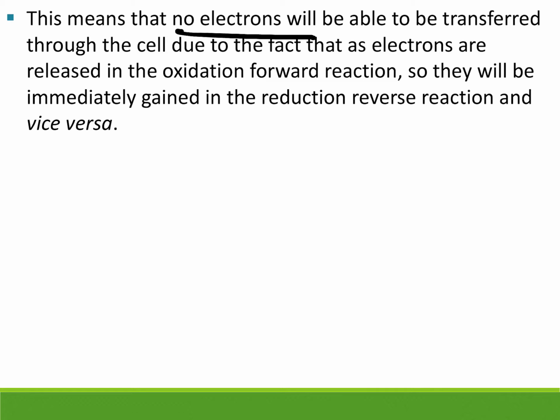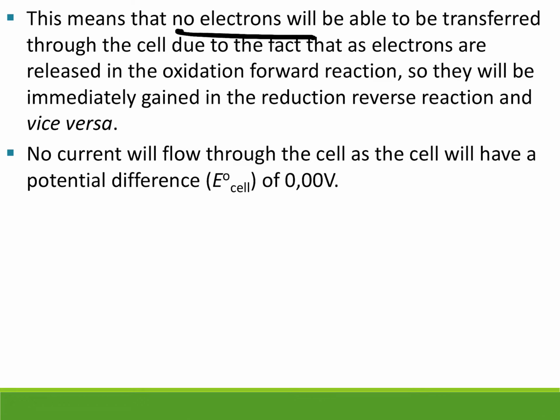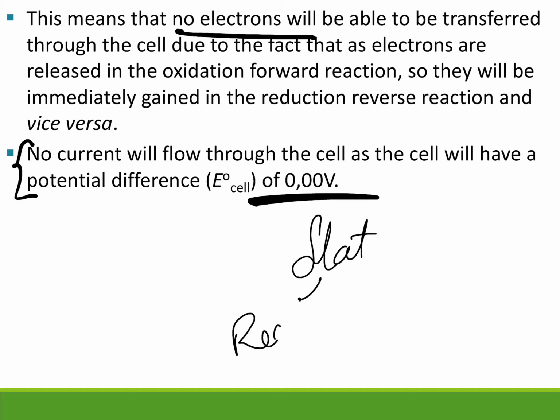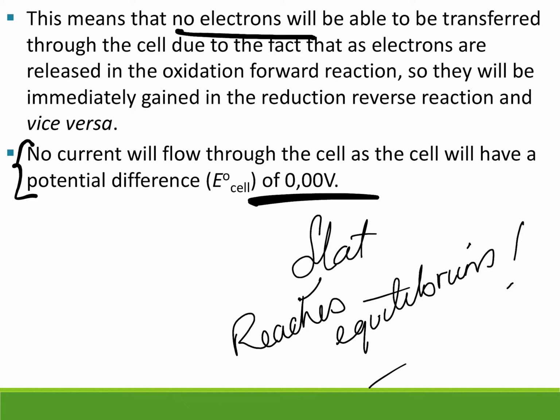We've reached equilibrium. Everyone's happy. When that happens, no current will flow, and the cell is flat. So when does the cell become flat? When it reaches equilibrium. That's the pointer. And with that, we are finished with electrochemistry.